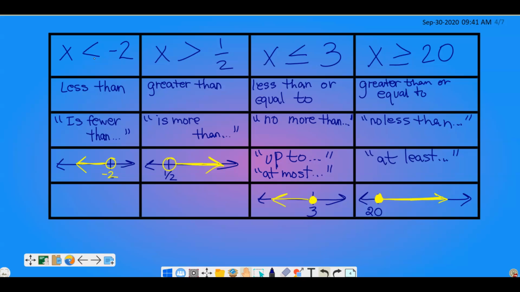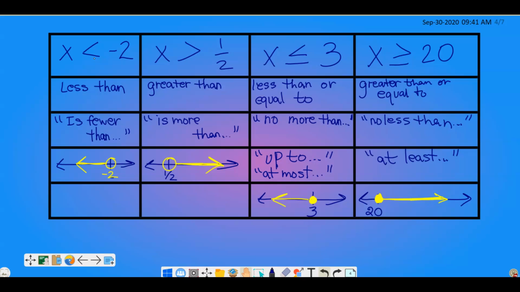All right, so let's move on to the next one. X is greater than 1/2. This sign means greater than. Another way to say it is more than. And once again, the very words make it sound like the 1/2 is not part of the solution set, that x is greater than 1/2, not can be 1/2.